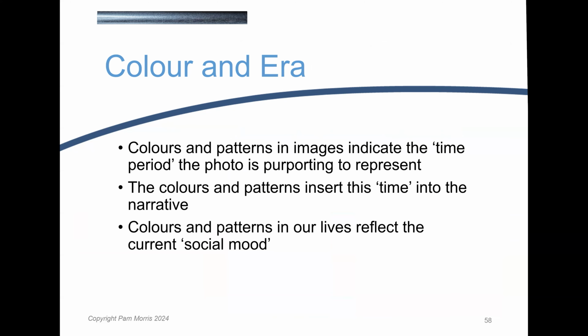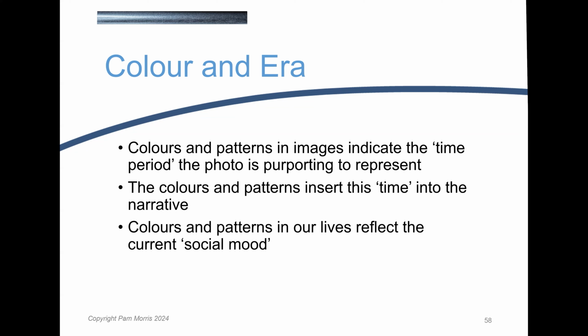And I think the other thing that's really interesting, if you are trying to create an image, perhaps a still life or a portrait, and you want that image to be consistent with the feeling that you're trying to give it, whether it be old worldly or something from the past or something from the future, you need to be very aware of the colours that you actually use, the colours and patterns within the props and the subject that you have within your image, because colours indicate eras.